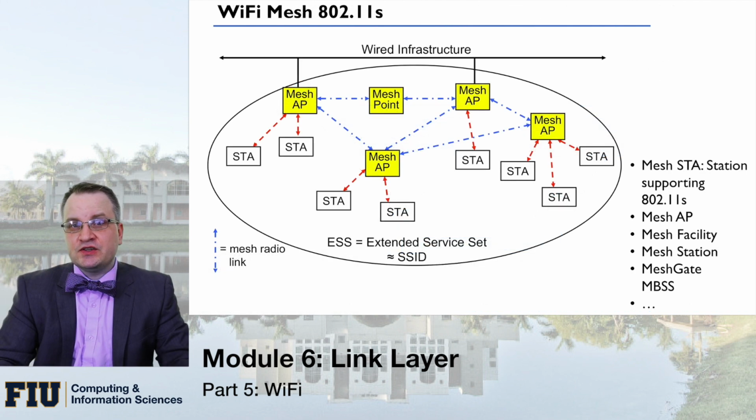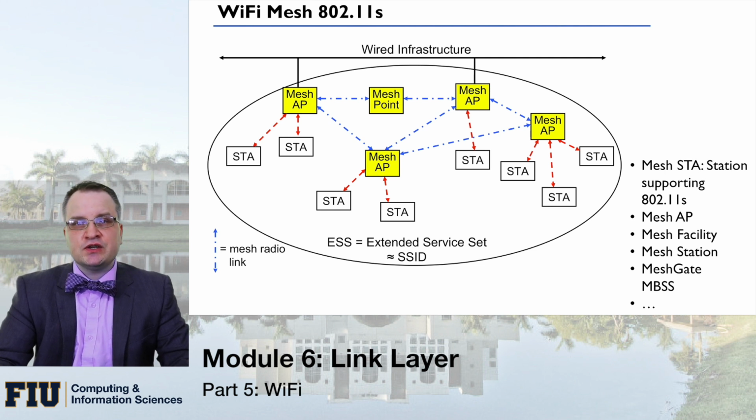I already hinted that those 4 addresses in a Wi-Fi frame are actually not the limit. One of the examples of going beyond this limit is mesh Wi-Fi, or Wi-Fi mesh, which is a reasonably new standard, 802.11s. What they're trying to fix is to make sure that access points can be connected wirelessly instead of being connected over the wire.